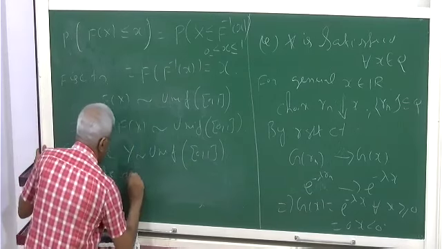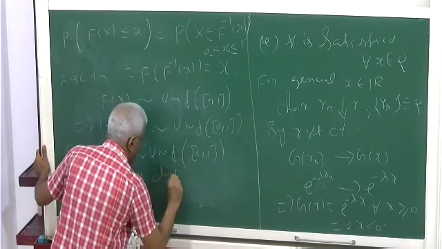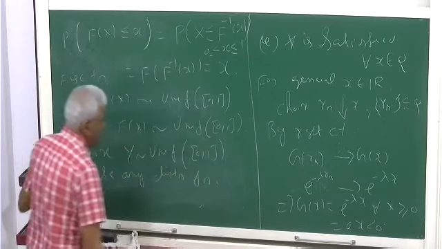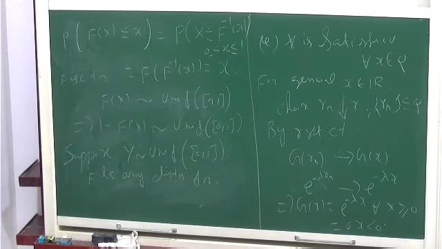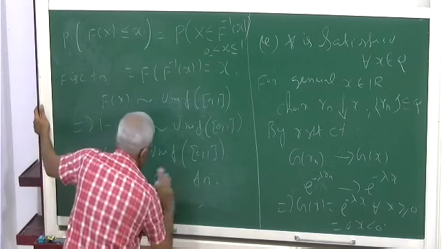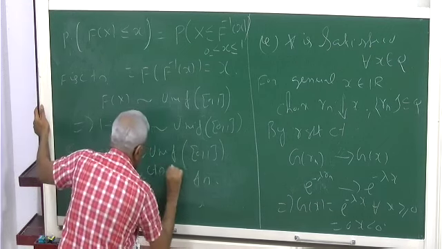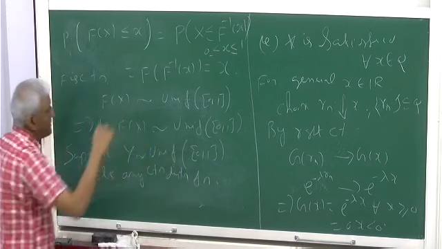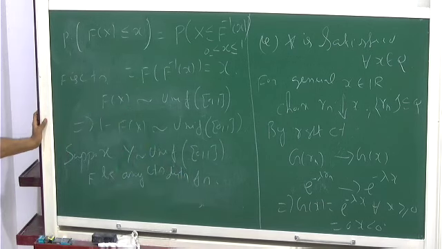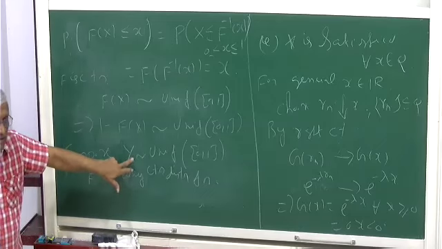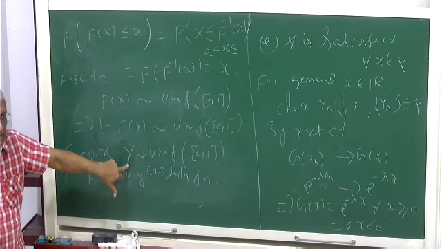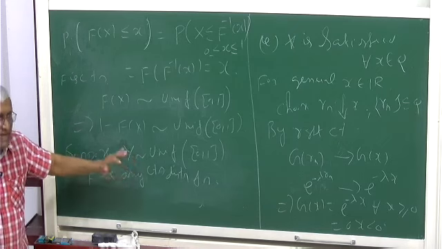The distribution function has limit 0 at minus infinity and 1 at infinity, and it is non-decreasing. It is a continuous distribution, so use that fact. The existence of the uniform variable we are assuming, not proving.